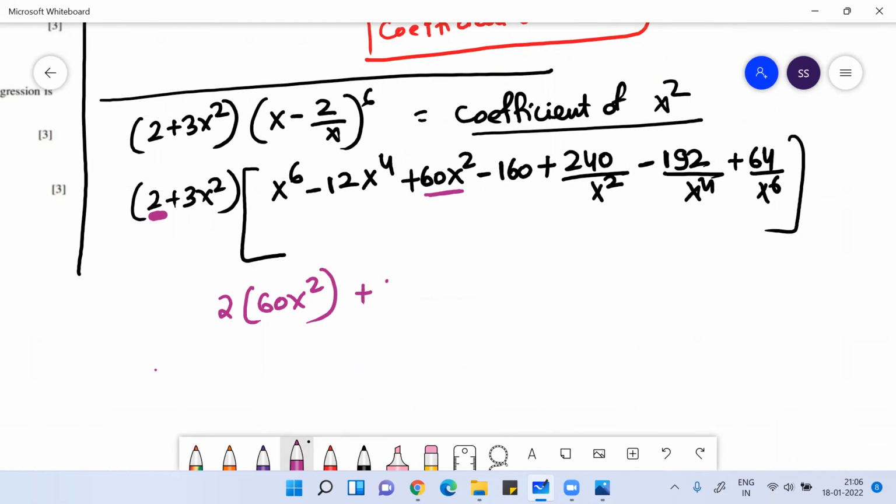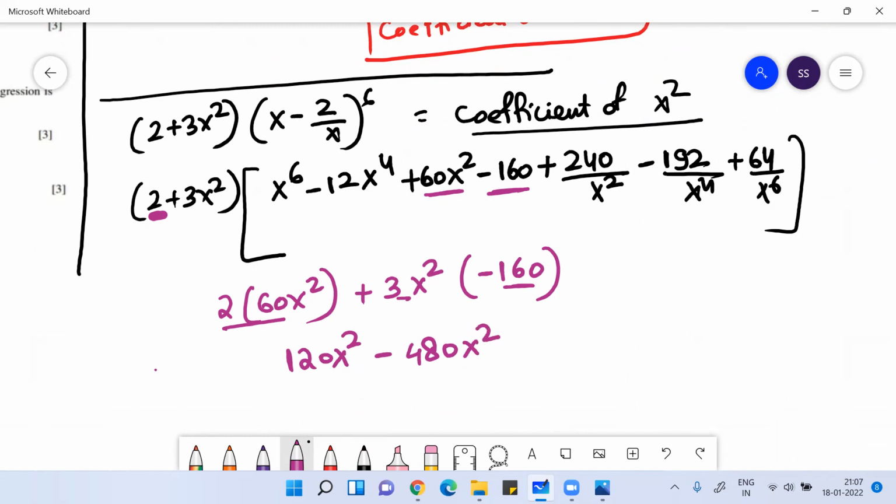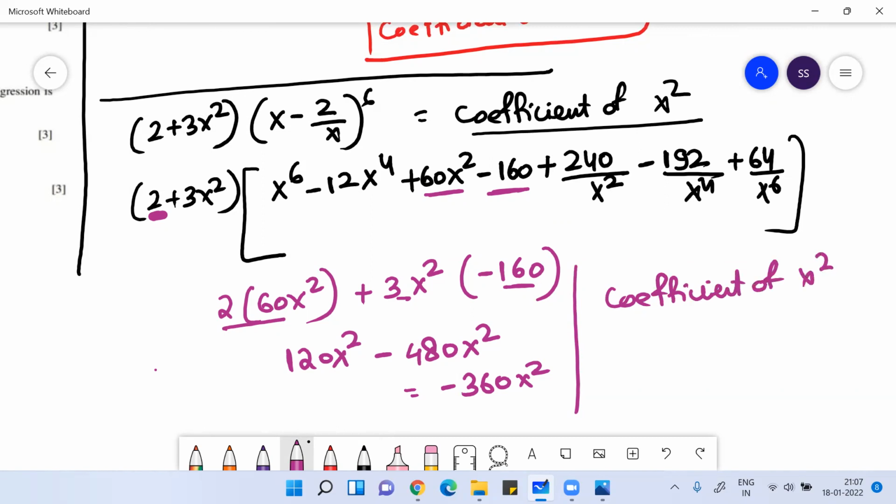Then with 3x square, the possibility of getting x square is with minus 160. So this is 120 x square minus 480 x square, which is minus 360 x square. So the coefficient of x square here is minus 360.